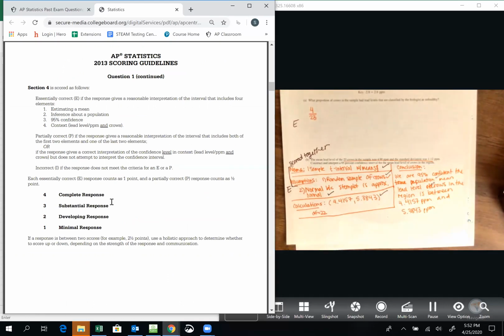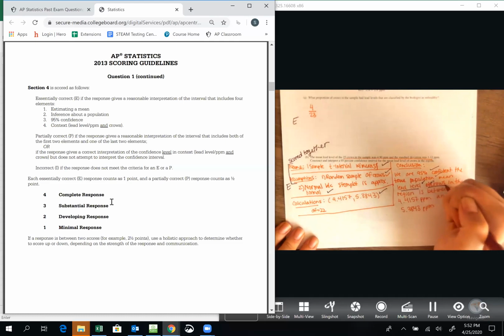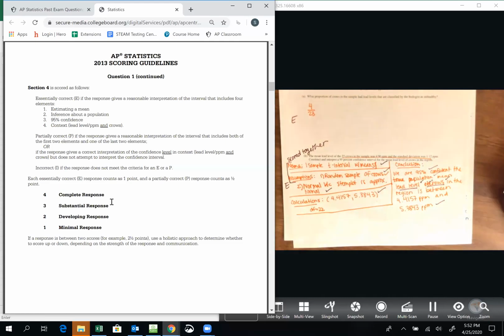If you have all 3, you're triply good. 95% confidence. Context, you need the lead level and the crows to get credit for that. So I have lead level of the crows, so I had both. And then I made my approximation here.